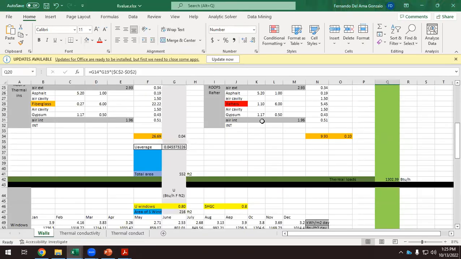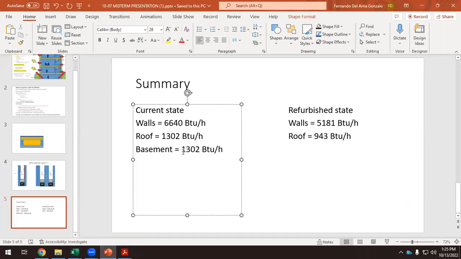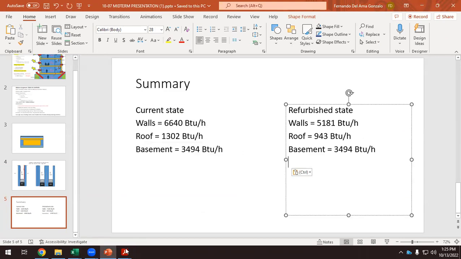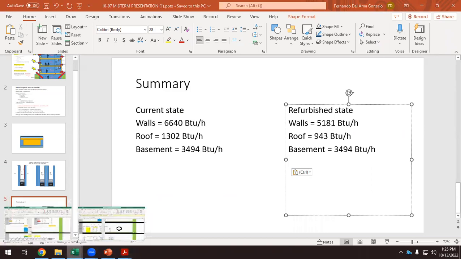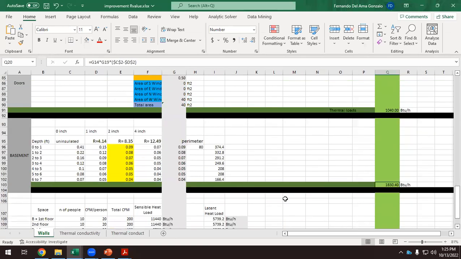The basement, the original state, it was 3494. And with the new thermal insulation on the basement, we have 1830.